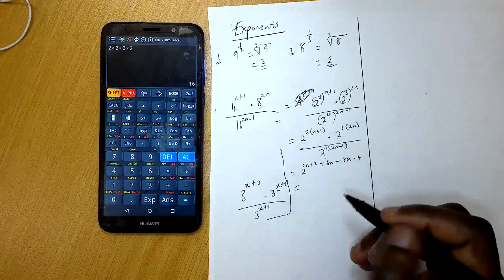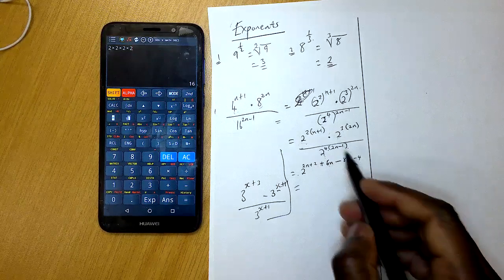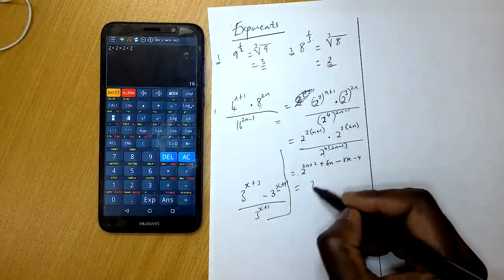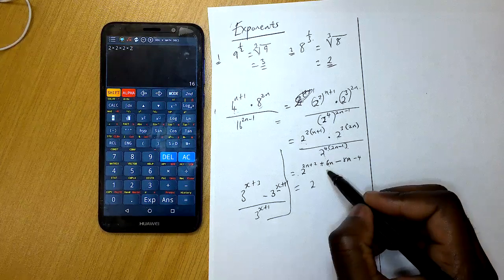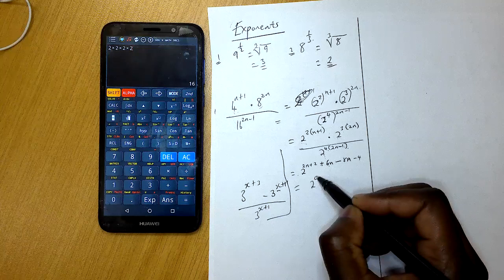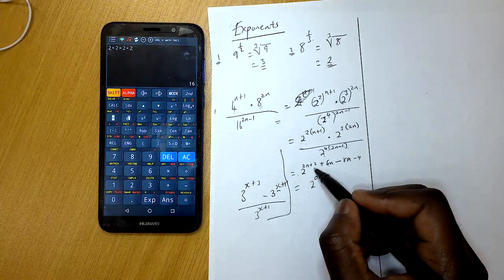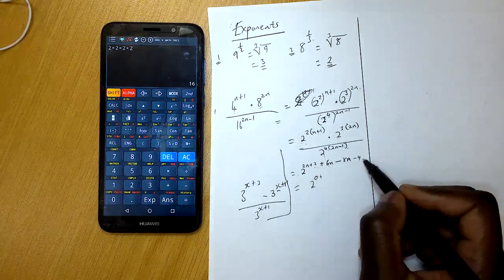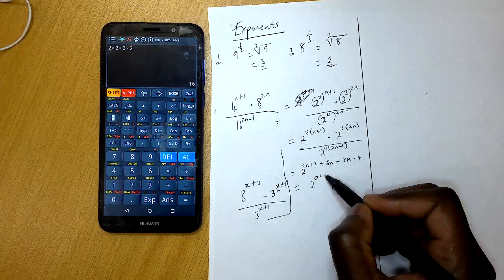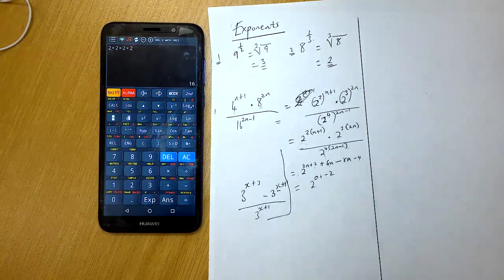And what we get here: 2n plus 6n gets 8n, 8n minus 8n gets a 0. So we're having 2 here. And what we have here is 0 plus 2, then 2 minus 4 gets minus 2.